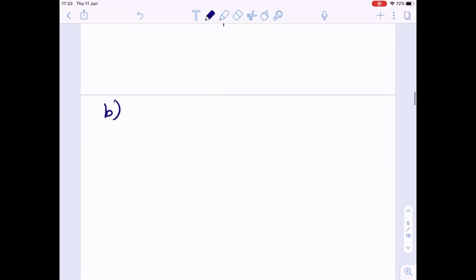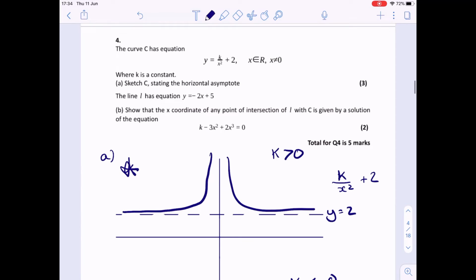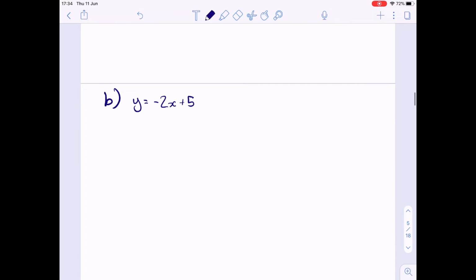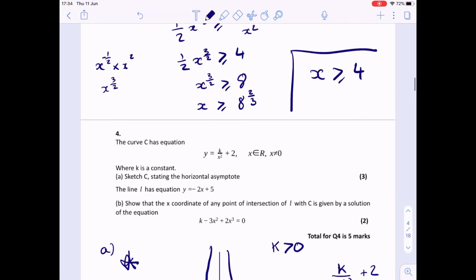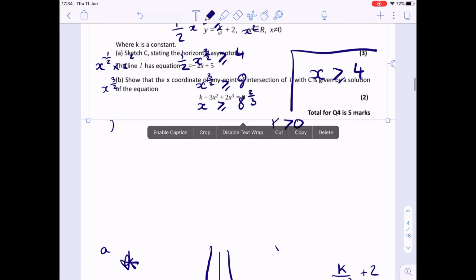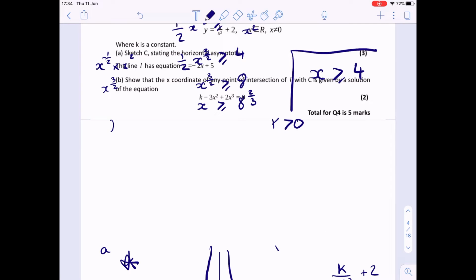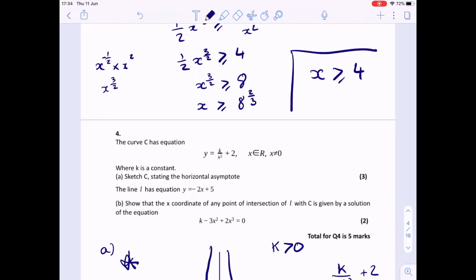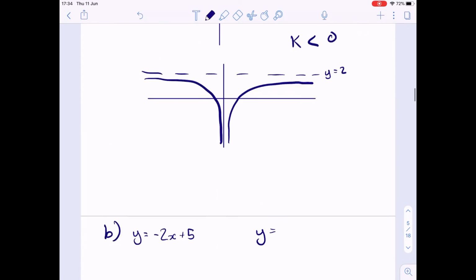So let's make a note of that. y equals minus 2x plus 5. And our original equation was y equals k over x squared plus 2.